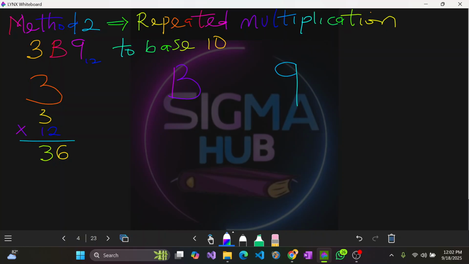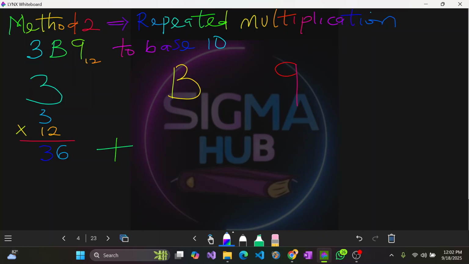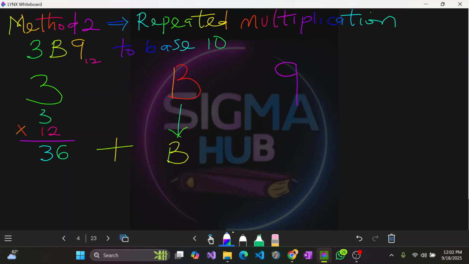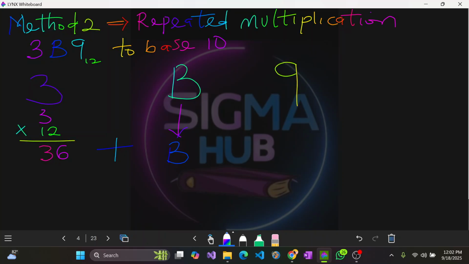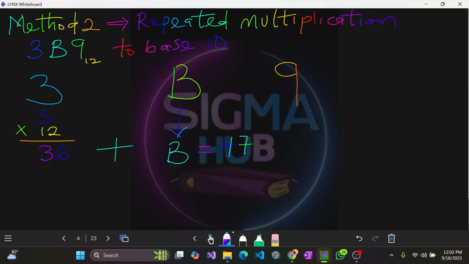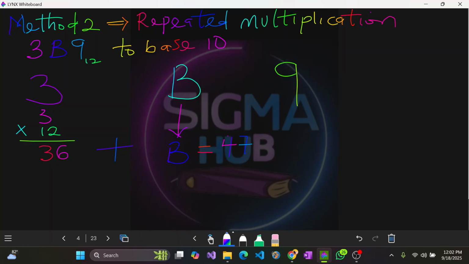Of course, we add the second number to it, which is B. And don't forget, B represents 11. So 36 plus 11 gives 47. The next thing is we multiply 47 by 12. Again, that's repeatedly.